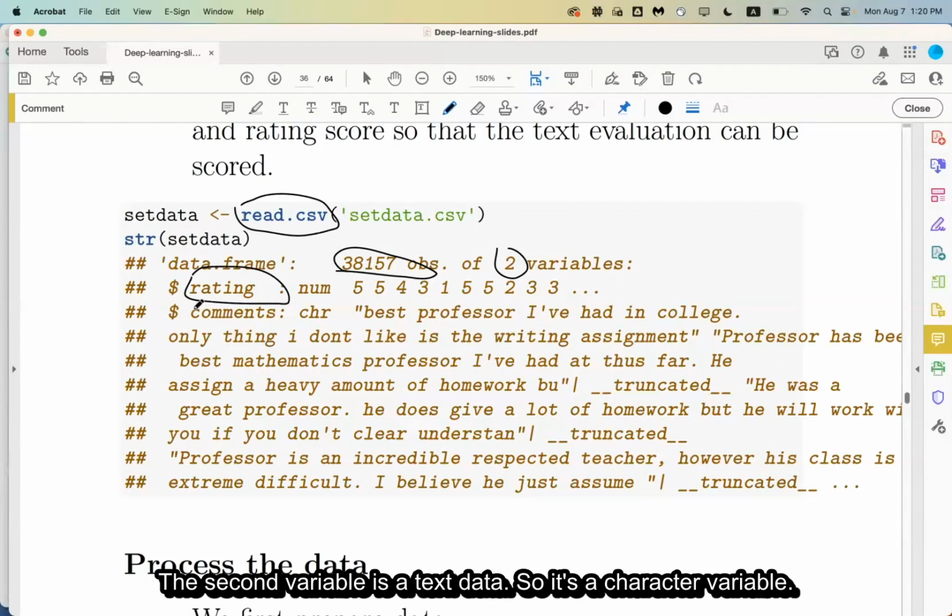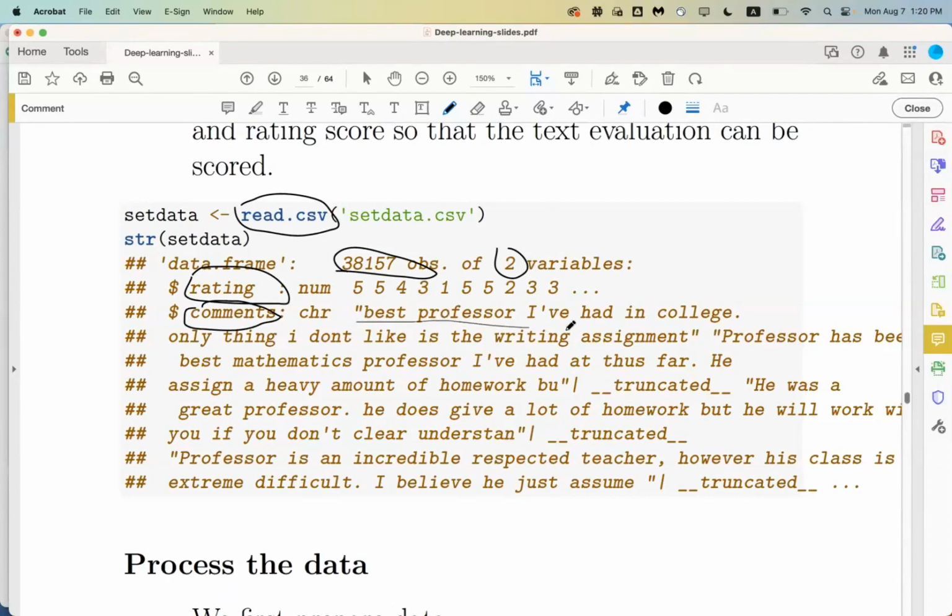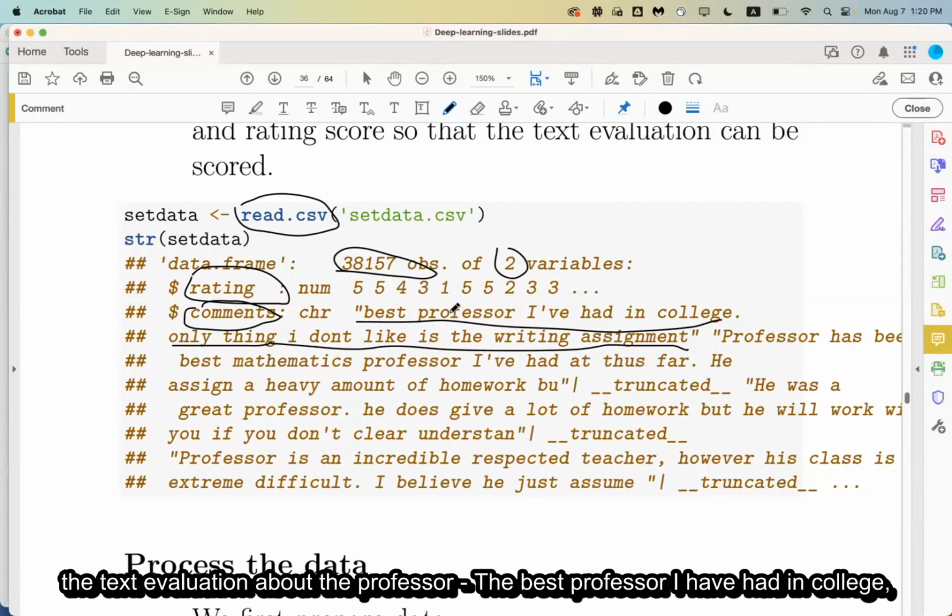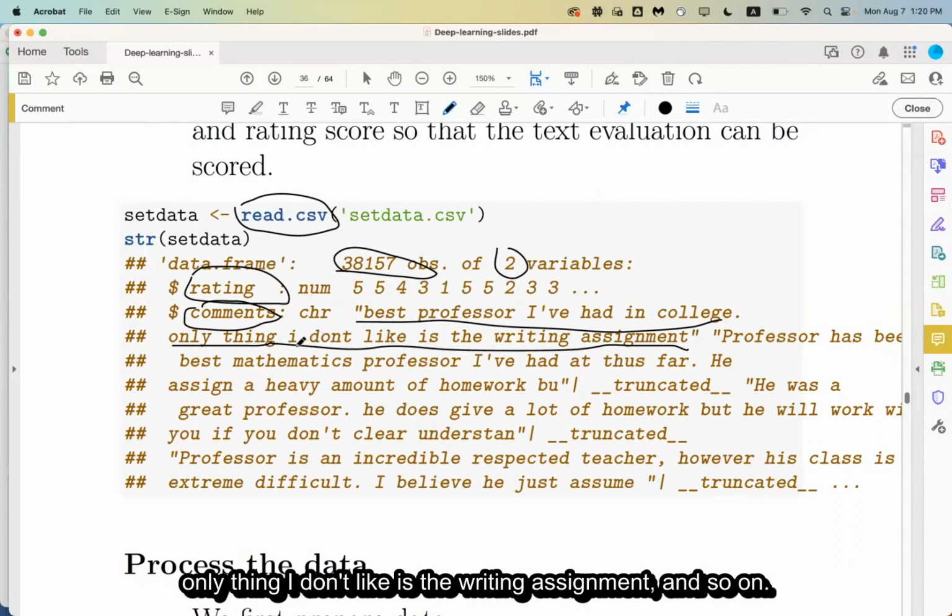The second variable is text data, so it's a character variable. For example, the first data point is the text evaluation about the professor: the best professor I've had in college. Only thing I don't like is the writing assignment and so on.